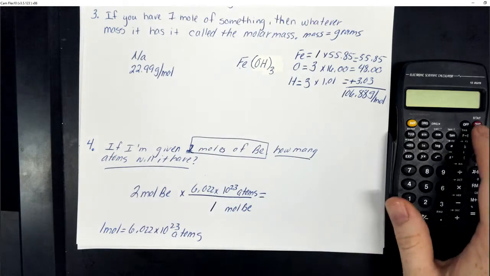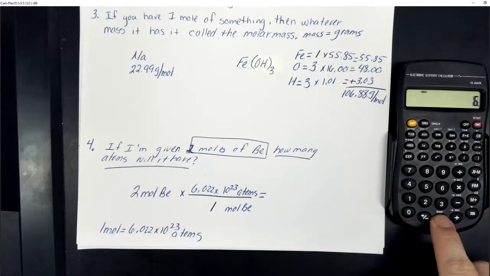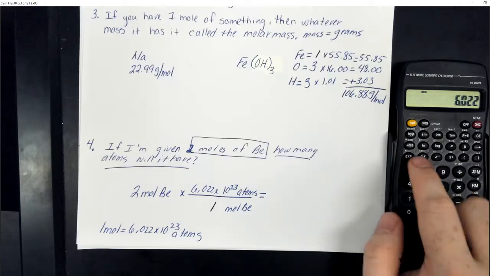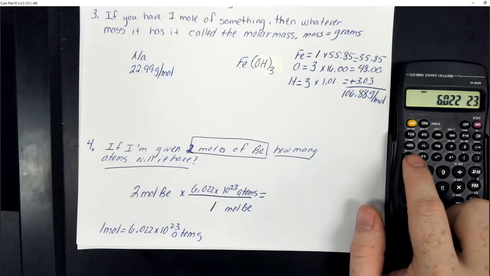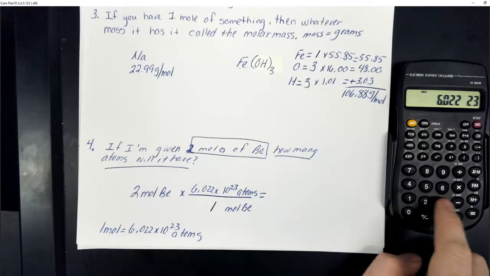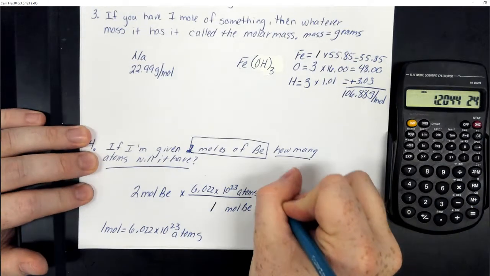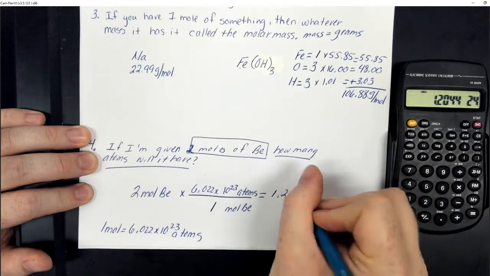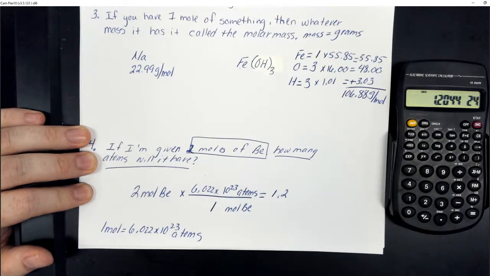Now let's plug that into our calculator. 2 times 6.022 exponent 23rd. By hitting this EXP here, it automatically tells the calculator times 10, and then we plug in the exponent 23. We are given 1.2. Ooh, this is a good question. This is a definition right here. This is a definition.